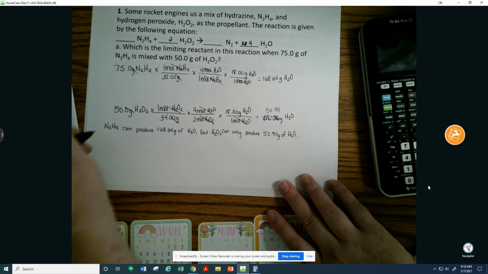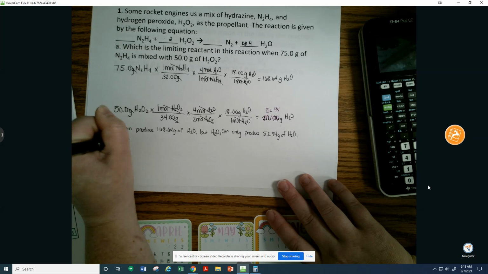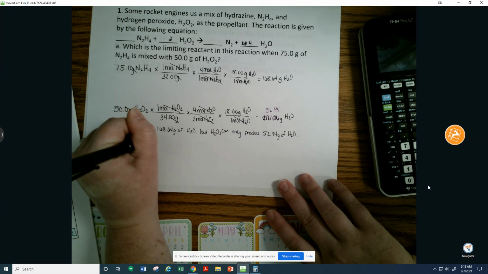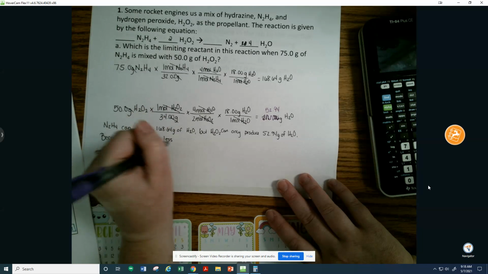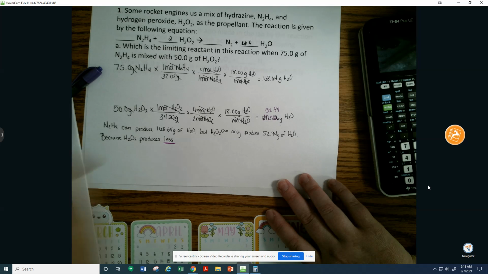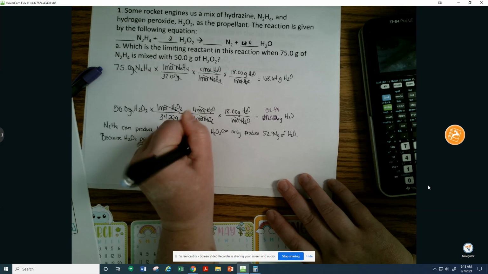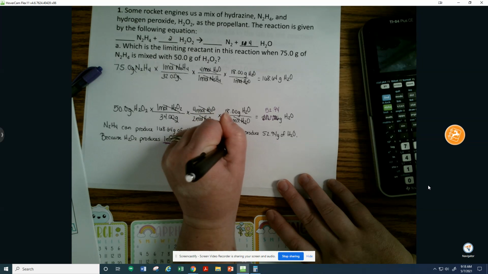So, because the hydrogen peroxide produces less, that's the key thing here, is that it produces less product, the peroxide is the limiting reactant.